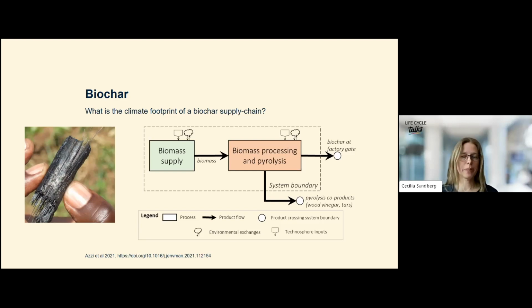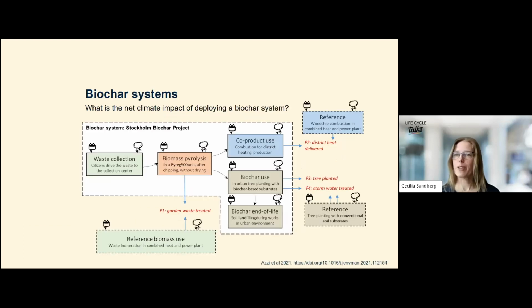And for some purposes that is of interest. But if our interest is in what the net climate impact of deploying a whole biochar system is, then we need to expand this even further to consider, yes, the biomass, but also the uses of the biochar.